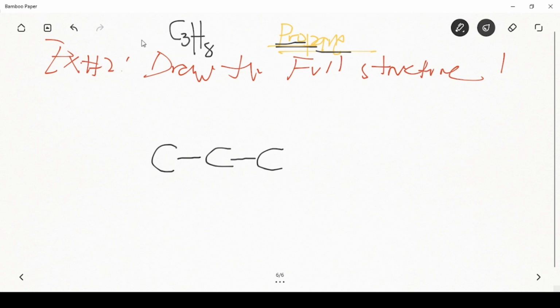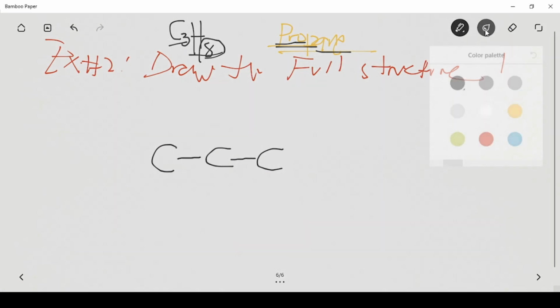There are 3 carbons and 8 hydrogens. Therefore, these carbons will carry 8 hydrogens. I have a tip for you in order to identify the number of hydrogens per carbon easily.